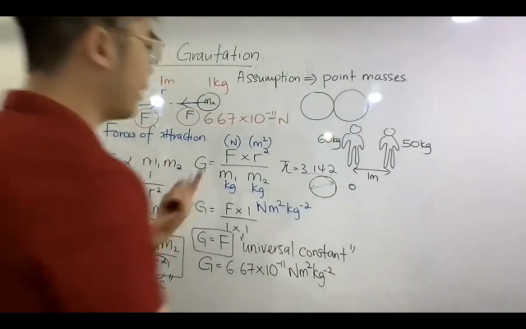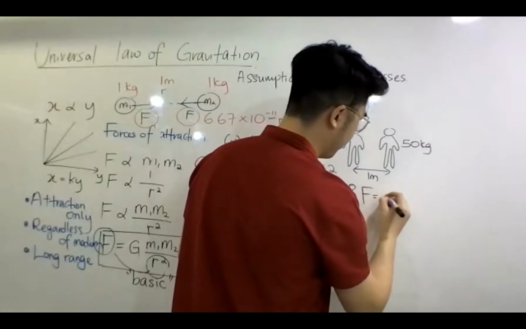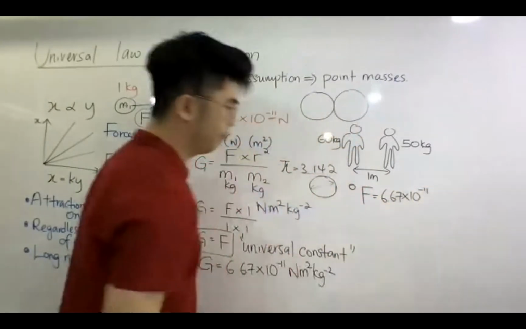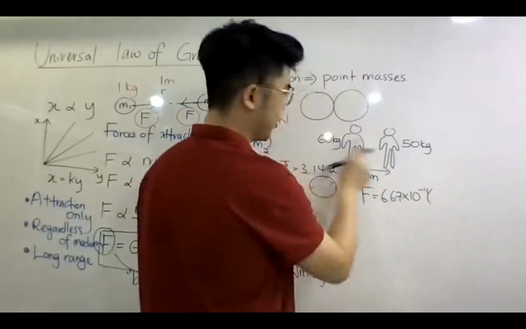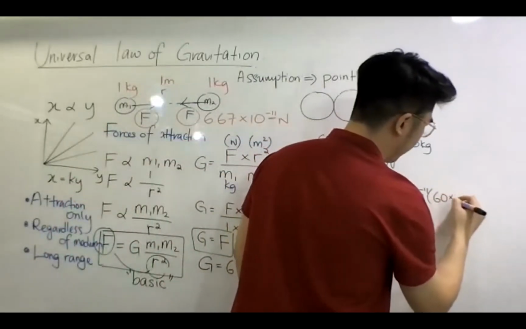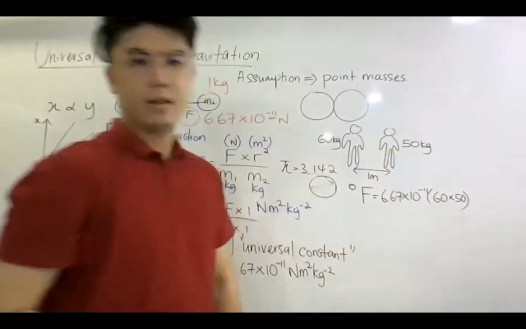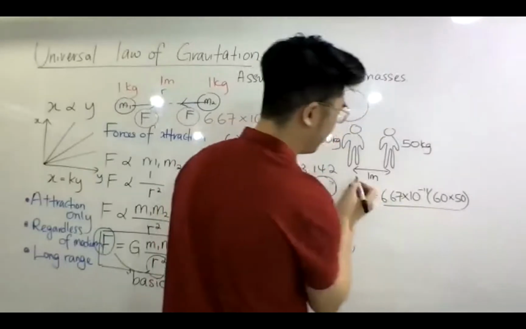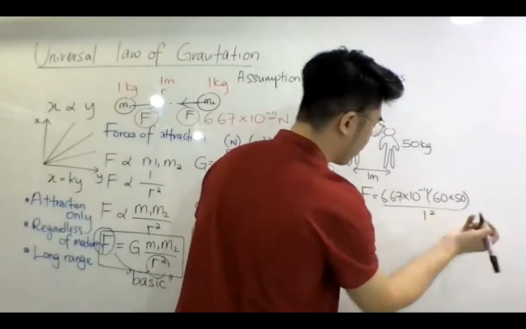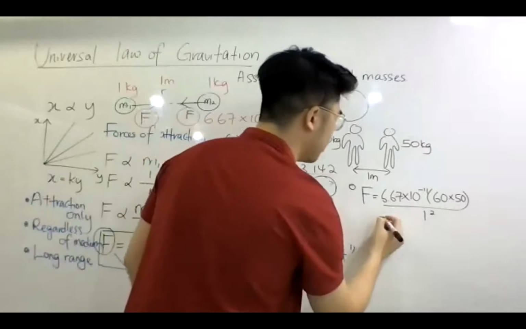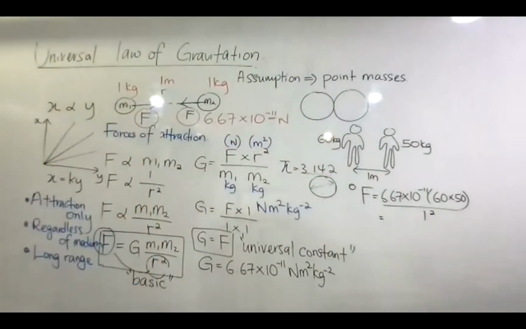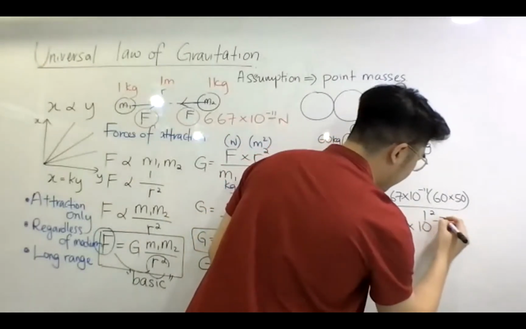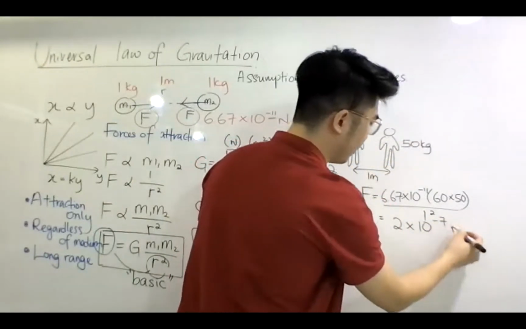Okay, very simple. We calculate using F equals to the constant 6.67 times 10 to the minus 11, times the product of the masses in SI units, 60 into 50, and then divided by R squared. R is 1 meter squared here. We calculate this, we will get a very small value, 2 times 10 to the minus 7 Newton.